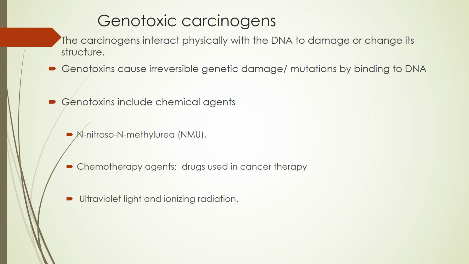Chemotherapy agents are very important. Sometimes we give chemotherapy for a certain malignancy. The malignancy may be cured or become better, but these chemotherapy agents may damage other cell lines and a secondary cancer may emerge. Ultraviolet light and ionizing radiation: for example, in Australia, the exposure to ultraviolet light is very high, and there are a lot of patients with skin cancers.